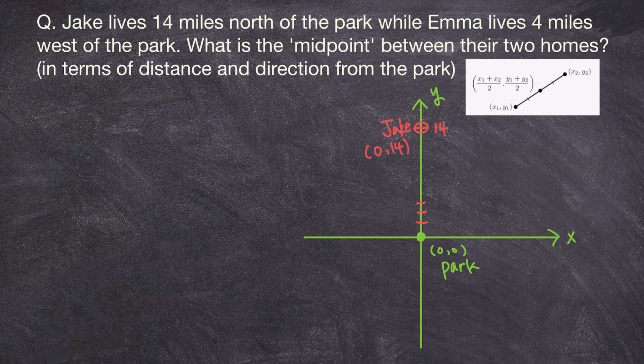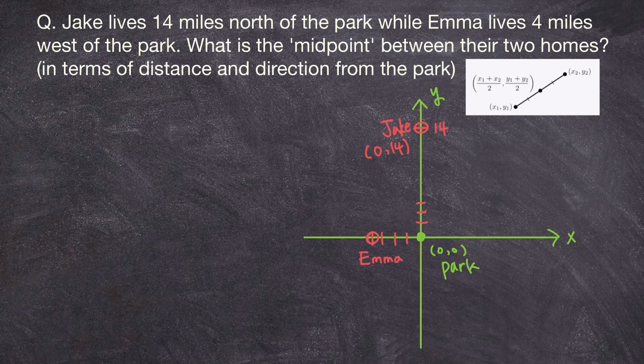Now, how about Emma? Emma lives 4 miles west of the park. West is left side, so I'm gonna go 1, 2, 3, 4 to the left side, or the west part, from the park, and that is where Emma lives.